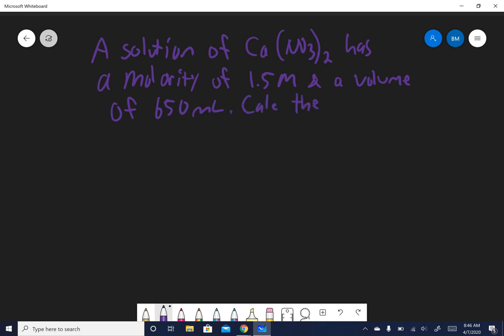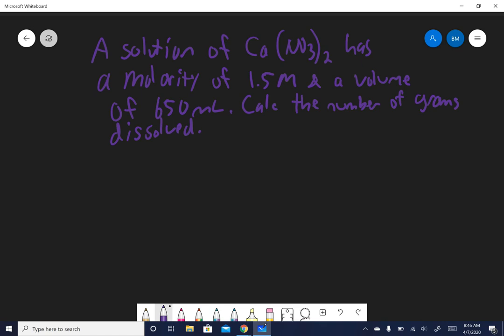Calculate the number of moles dissolved. Okay, so this time, no, not moles, grams. Calculate the number of grams dissolved. All right, so a solution of calcium nitrate has a molarity of 1.5 and a volume of 650. Calculate the number of grams dissolved.